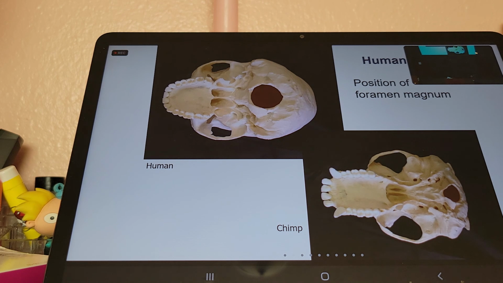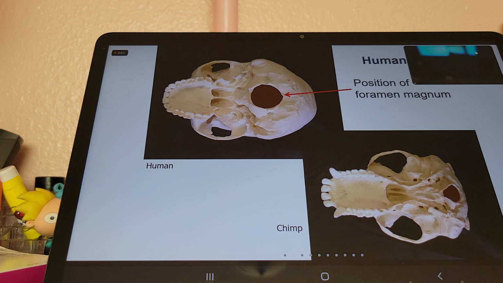So in humans, it is directly underneath the cranium. So it's very anterior. Because we are bipeds, we stand upright. In order to maintain our center of gravity, which basically drops right through the center of our head, through that foramen magnum, down your spinal column, to a point between your legs, so that we can stand upright.